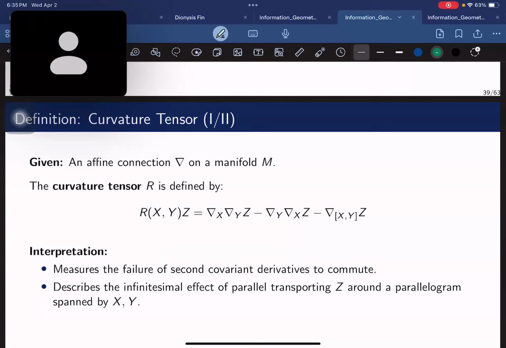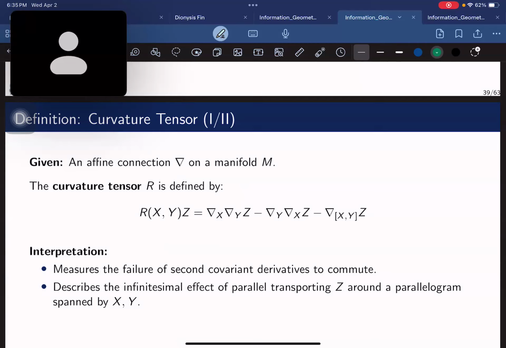And as we discussed, any affine connection, the other name for the affine connection is covariant derivative. So if we take a look at the second covariant derivative of one vector field with respect to another, we would essentially get the same understanding of the curvature.